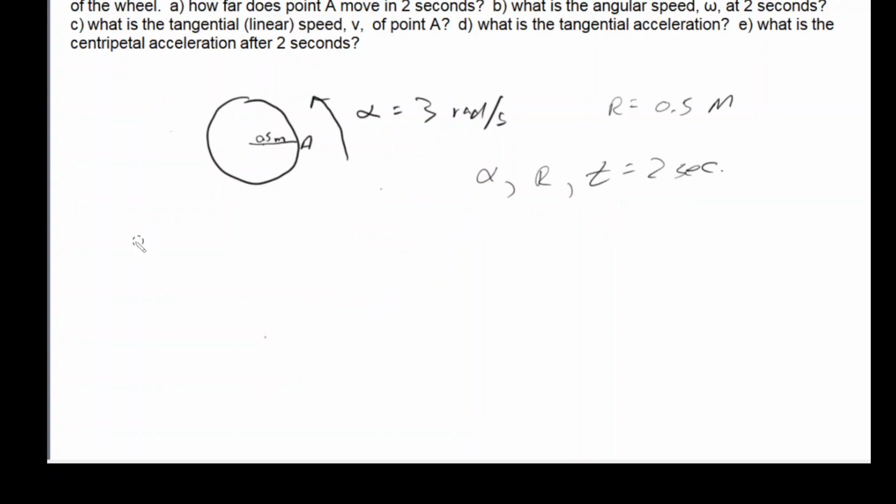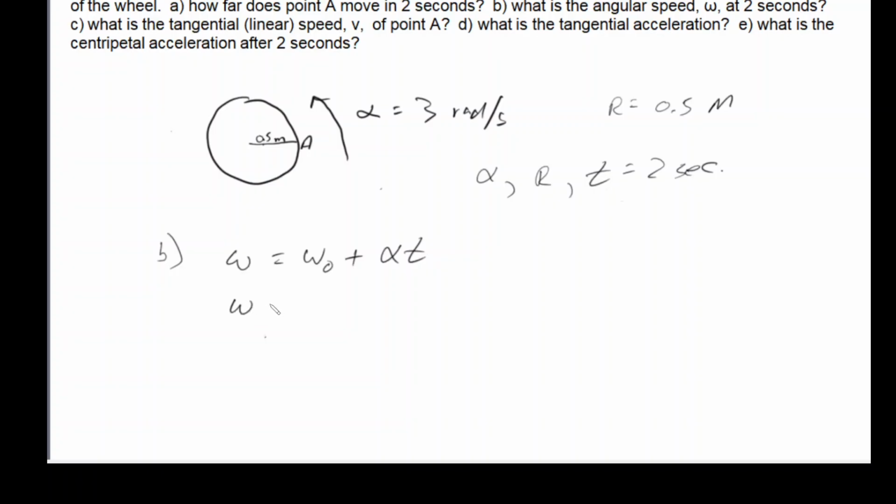The next part, part B, asks what is the angular speed, omega, at 2 seconds. So again, given what we know, the best equation to use is omega equals omega 0 plus alpha t.